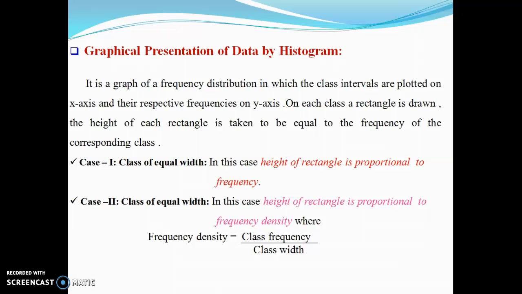Similarly, in case of unequal width, the height of the rectangle is proportional to frequency density, where frequency density is equal to class frequency divided by the width.